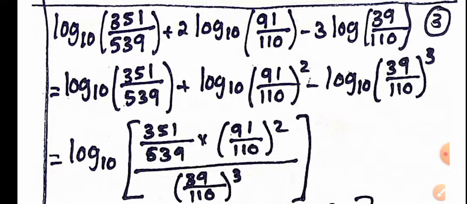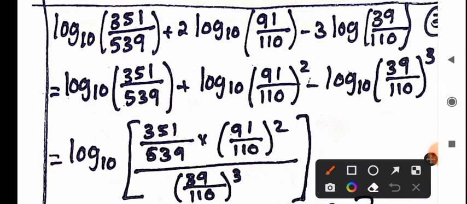Now using the power law, it is 2, 3, so it will become log 351 by 539 plus log 91 by 110 raised to 2 minus log 39 by 110 raised to 3.